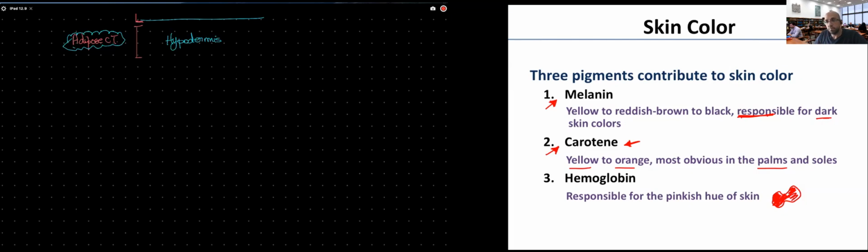He's pale. Why is he pale? Because simply he has less red blood cells circulating, or he has smaller amounts of hemoglobin in his red blood cells, and as a result, what do you think? You'll see loss of this pinkish color of the skin, this reddish color of the skin.